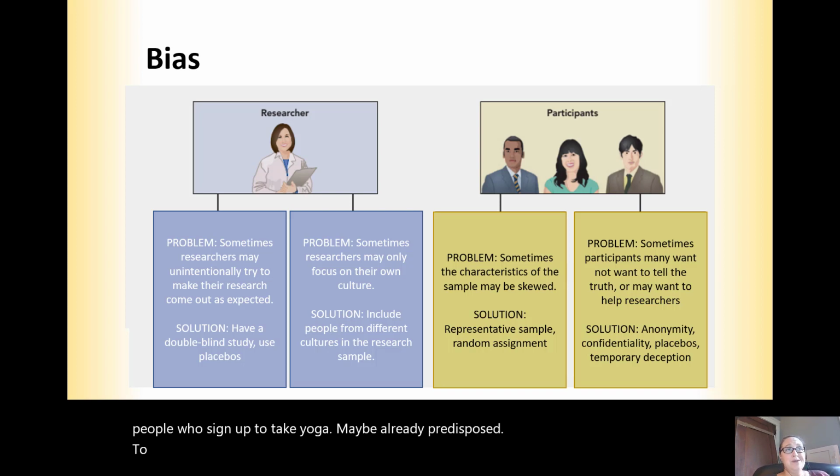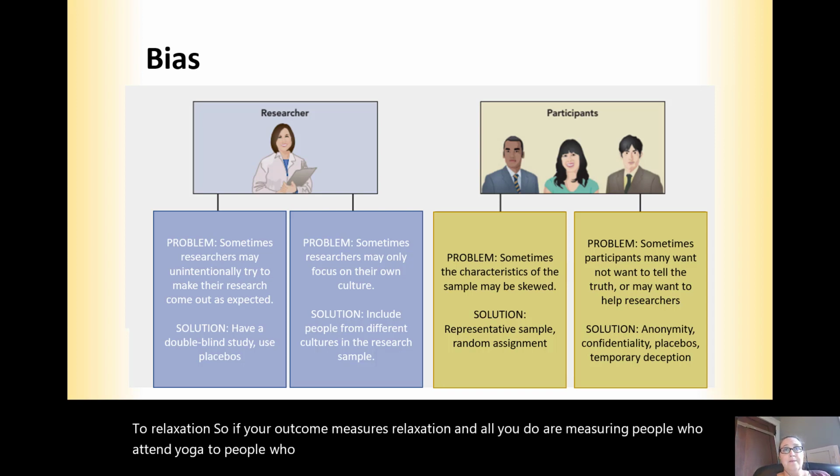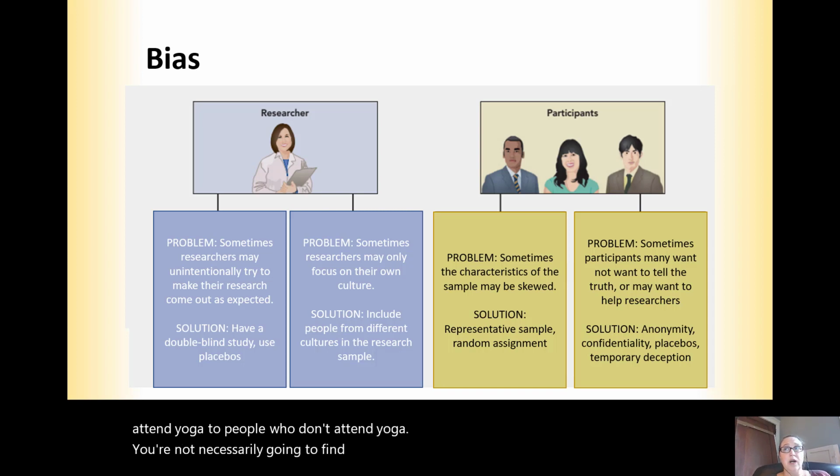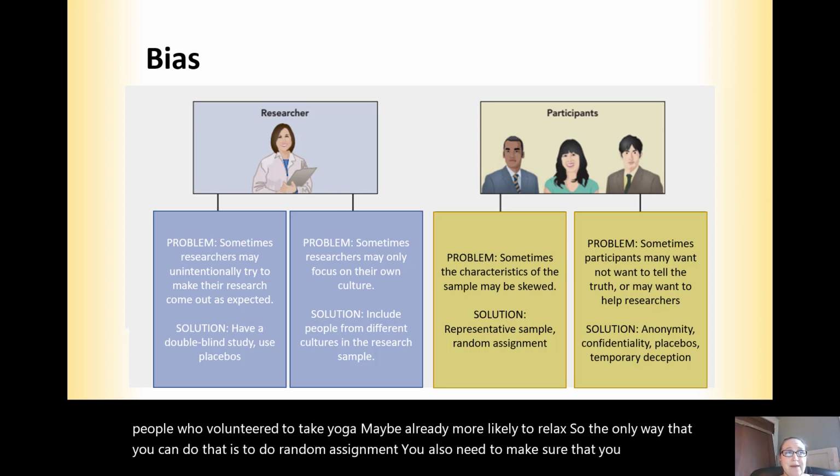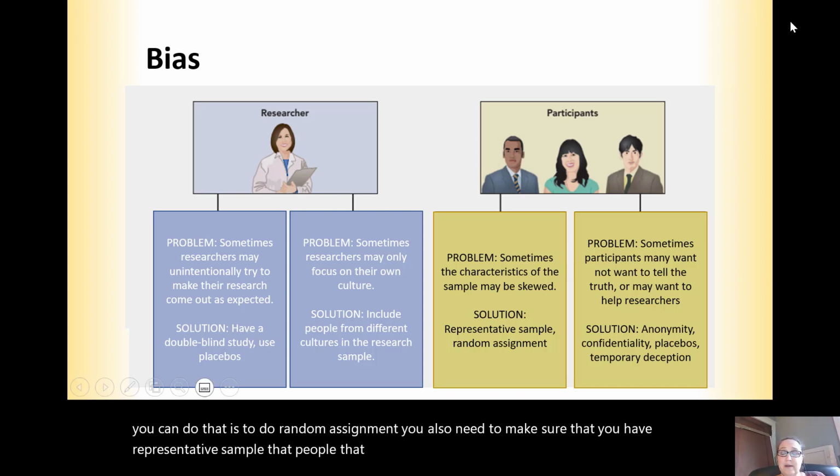So if your outcome measure is relaxation and all you do is compare people who attend yoga to people who don't, you're not necessarily going to find whether yoga causes relaxation, because people who volunteer to take yoga may already be more likely to relax. So the only way that you can do that is to do random assignment. You also need to make sure that you have a representative sample, people that are representative of a diverse enough group.